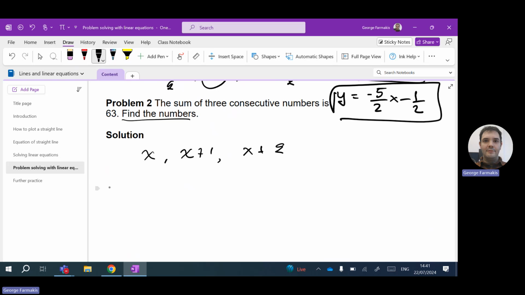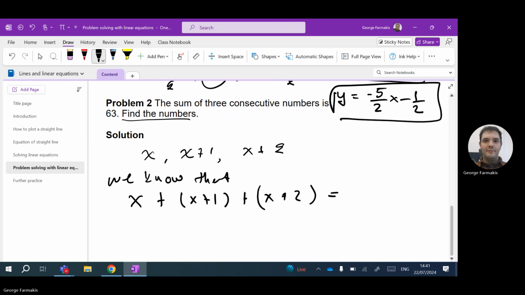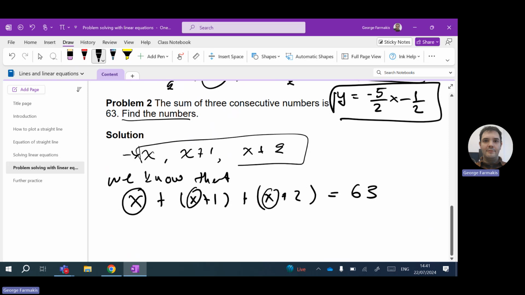What we know is that x plus x plus 1 plus x plus 2 equals 63. So if I can find x, then I have found these 3 numbers. So now we have translated the hypothesis into an equation, a linear equation.